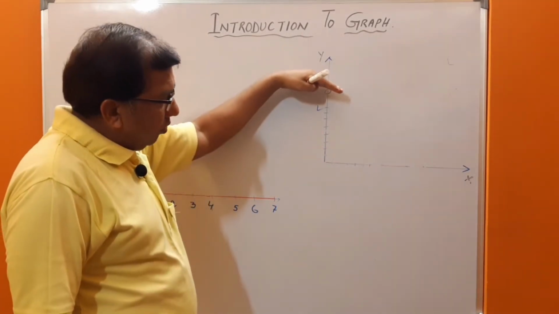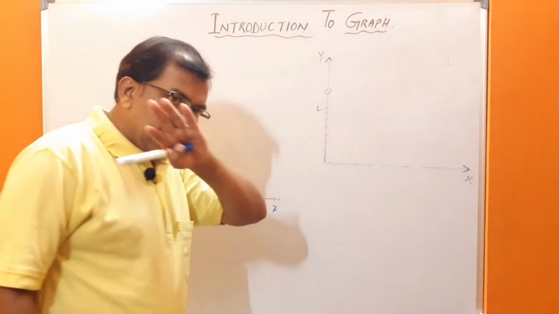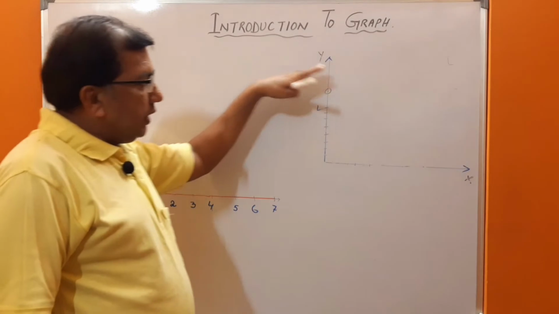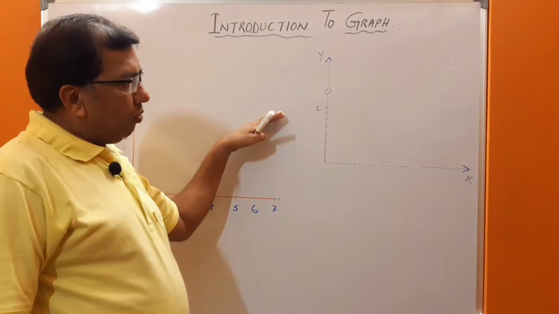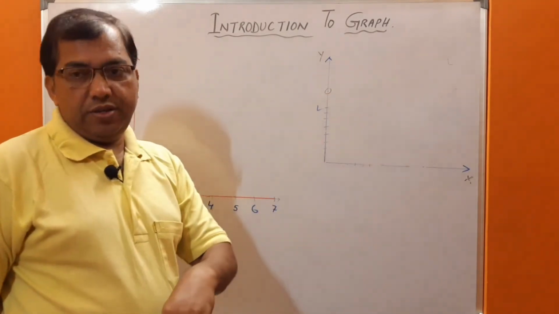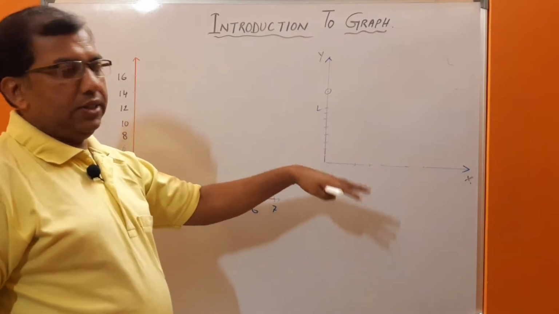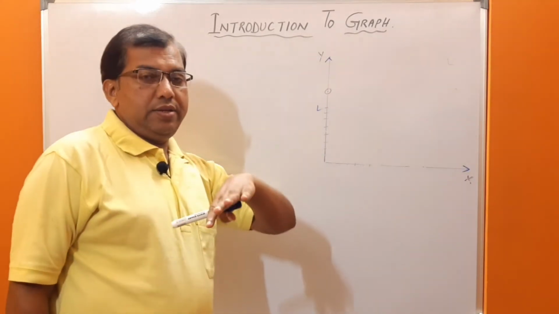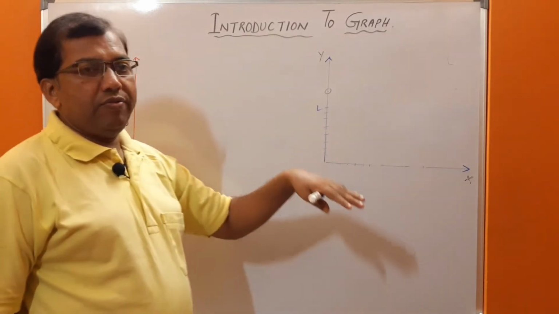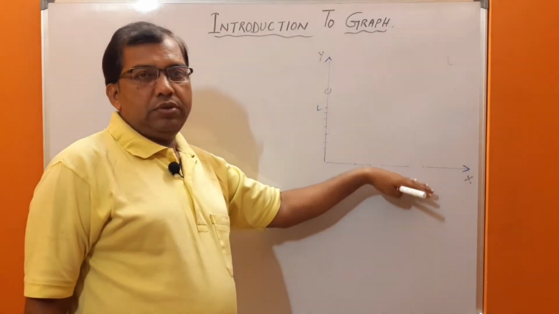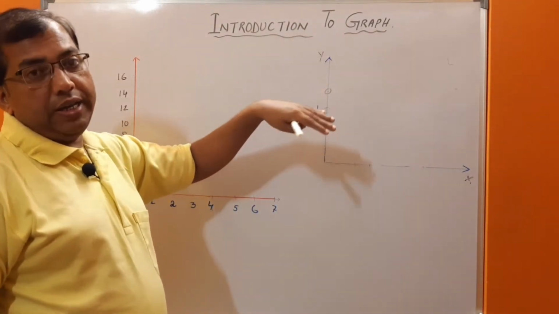That means there are two values, one is the independent variable, and the other is the dependent variable. The independent variable is the one that does not depend upon the other, and the variable which depends upon the other is the dependent variable.